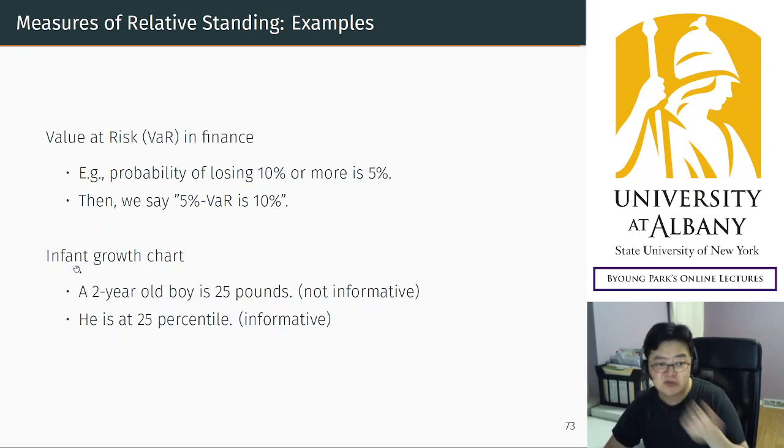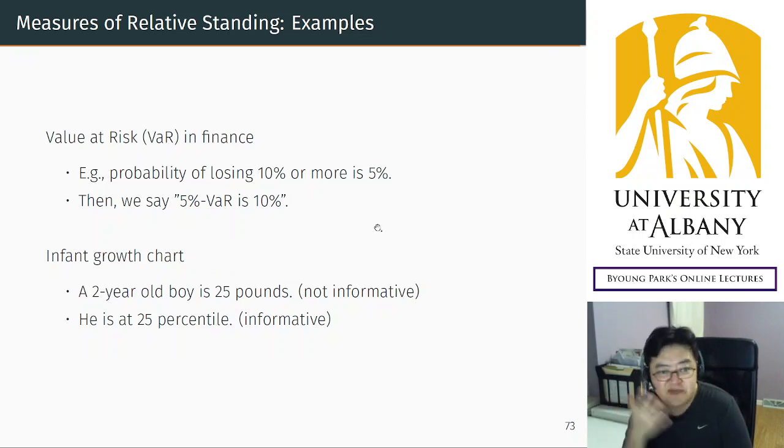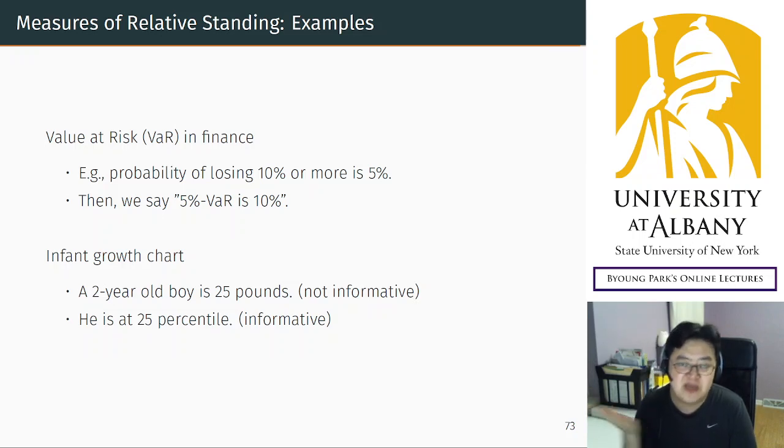An infant growth chart. Say my son is 5 years old and he's 42 pounds. Then do you know if it's big or small? It is not informative if I just give you 40 pounds, 42 pounds. It does not deliver any meaning. But if I say he's at the 25th percentile, then it's more informative.